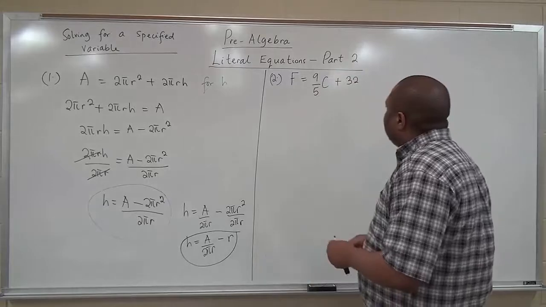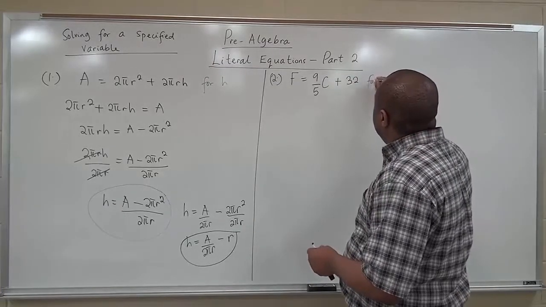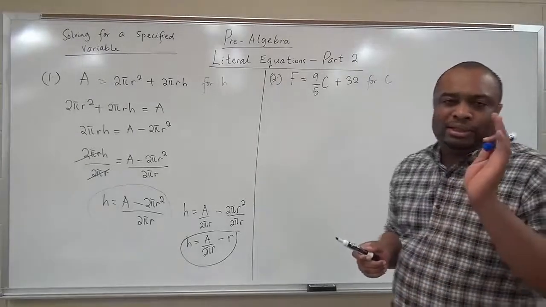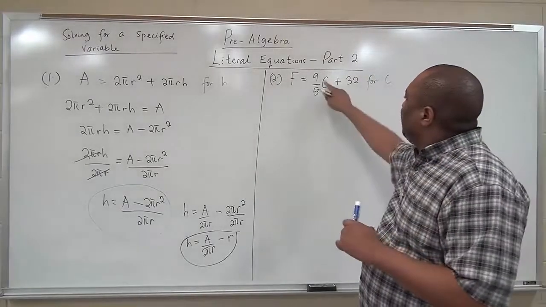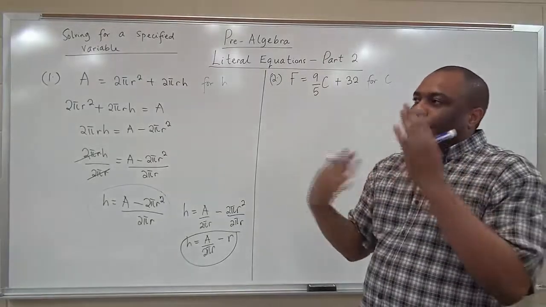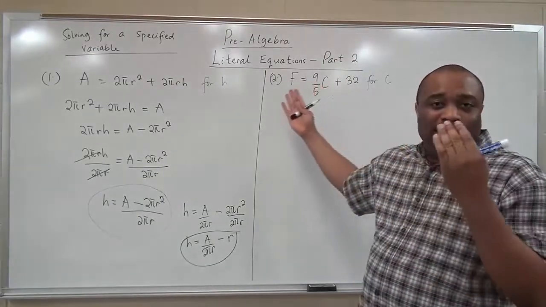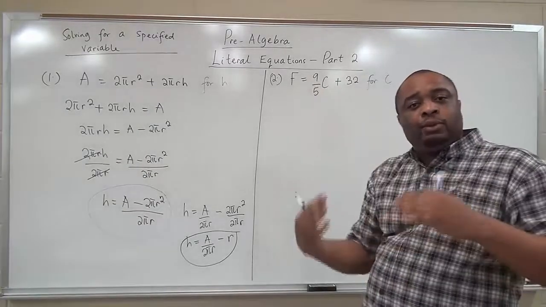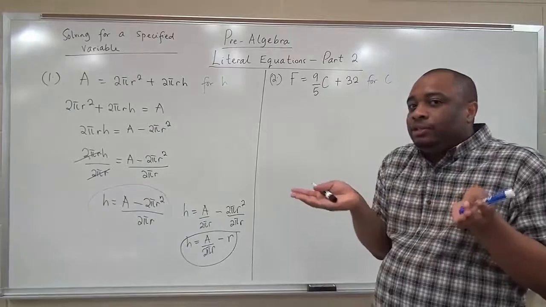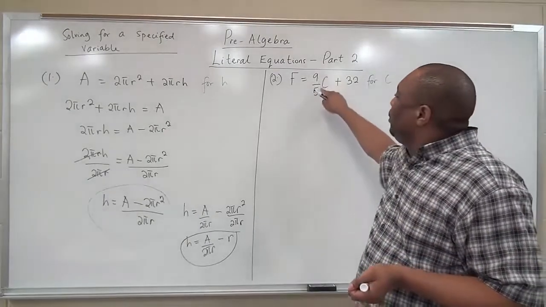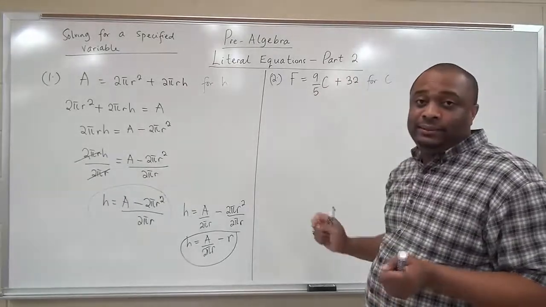And you want to solve this for C. Now, with this C, some people get confused whether it belongs to 9 or whether it belongs to 5. And some people are scared that it belongs to both of them, so you just write it like this.